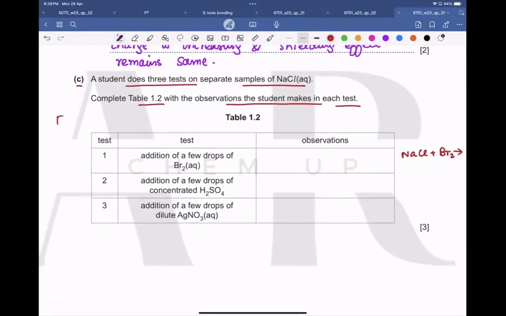If you recall, the reactivity of the halogens decreases down the group. So bromine is below chlorine, so it means that bromine cannot displace chloride from its compound, right? So we are going to write over here, no visible change, or either you can write no reaction. Is this clear?